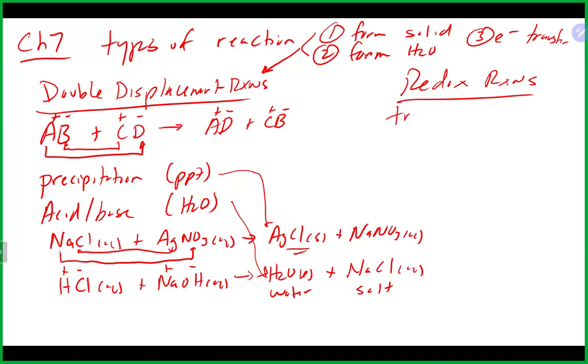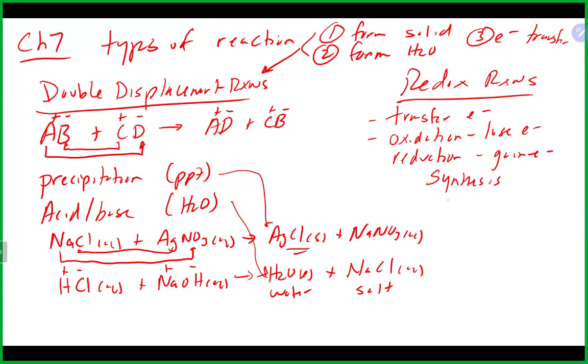Redox reactions are really about the transfer of electrons, and remember that oxidation means that you lose electrons. Reduction means that you gain electrons. And basically what falls under this category are synthesis reactions, which are two things that make one thing. Decomposition reactions, one thing breaks apart into a couple of things.